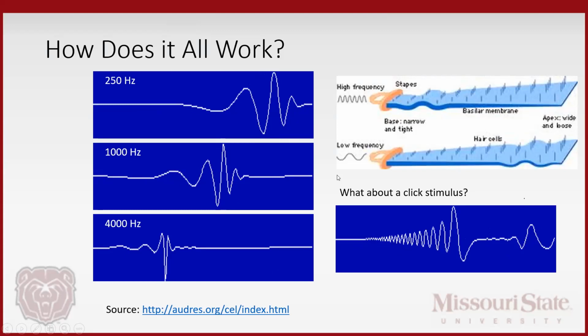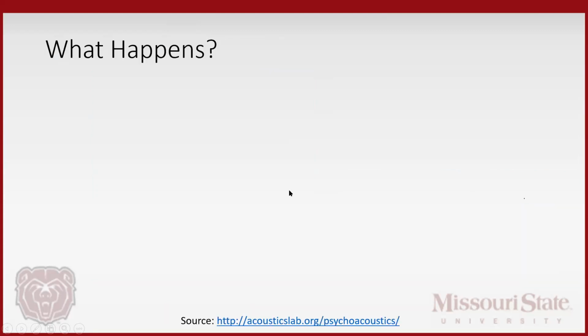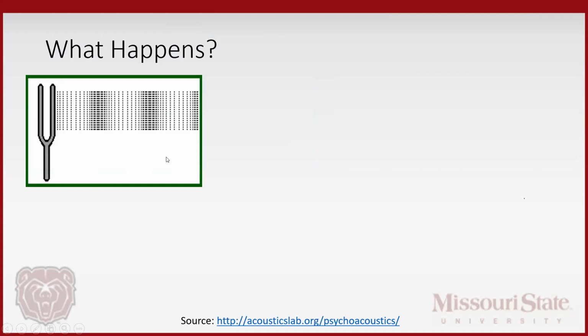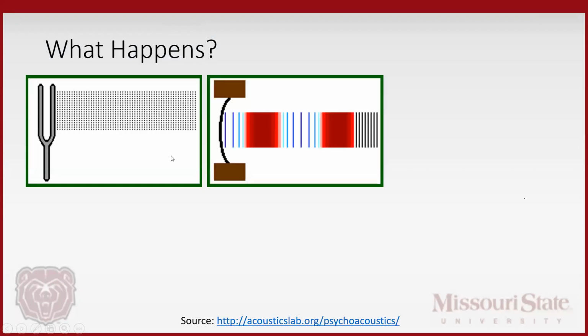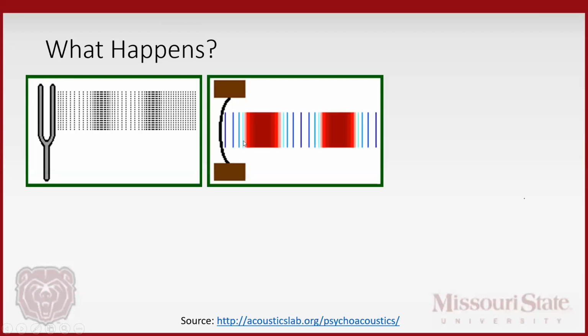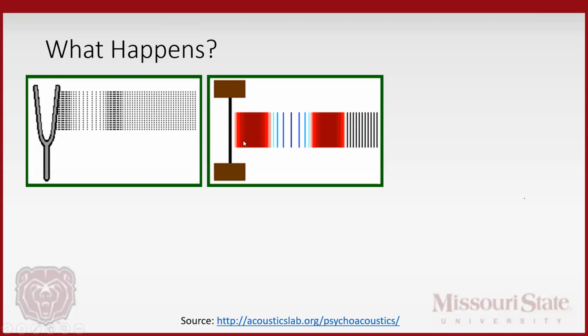So what is happening? When we have an acoustic stimulus coming through, there we have the tuning fork running, creating those rarefactions and condensations, the increase and decrease in pressure. Those condensations and rarefactions are going to hit the tympanic membrane and start pushing it in or pulling it out.